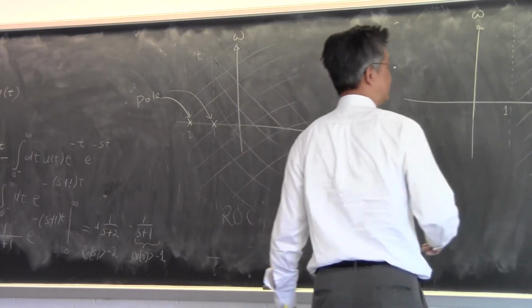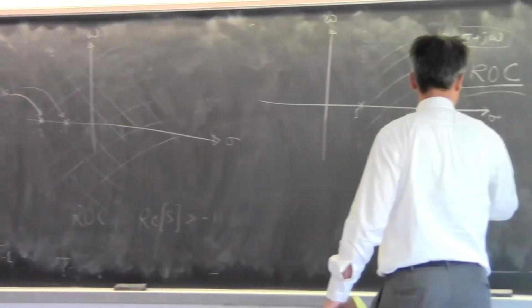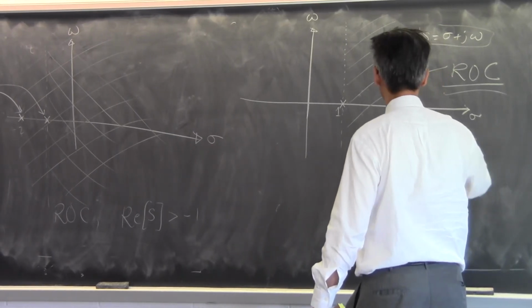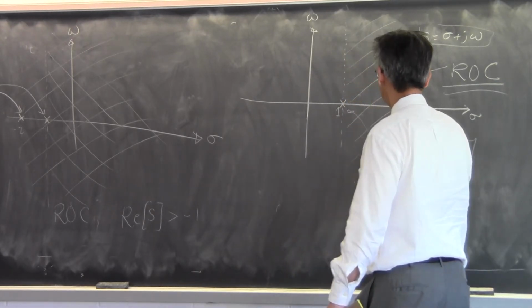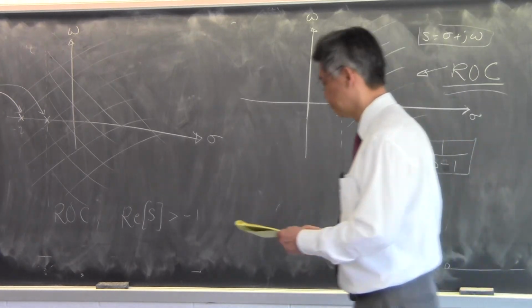And we also did have a pole for this one. Remember the Laplace transform for that was equal to that one over there. That is also a pole. The region of convergence is always to the right of the pole of the Laplace transform.